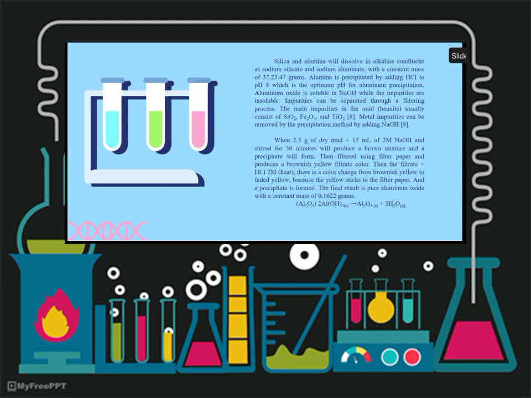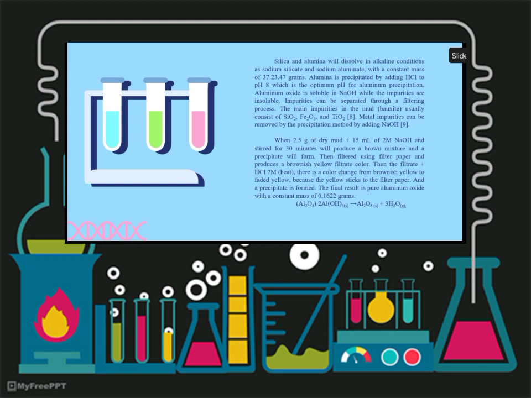When 2.5 grams of dry mud plus 50 ml of 2 molar NaOH is stirred for 30 minutes, it will produce a brown mixture and a precipitate will form. Then filter using filter paper and produce a brownish yellow filtrate. Then the filtrate plus 2 molar HCl and heat.